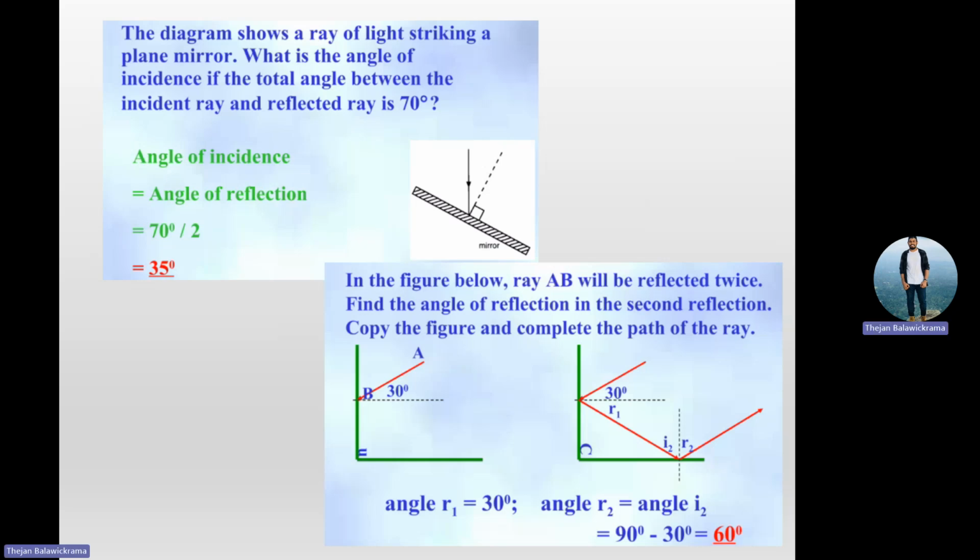This is your angle. The arrowhead should be in the middle of the ray when you are drawing.